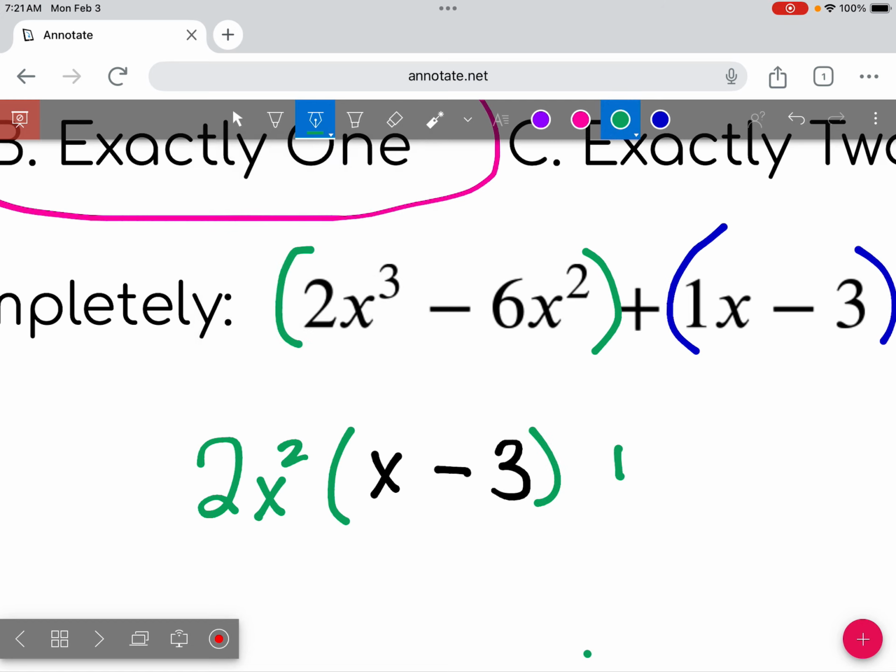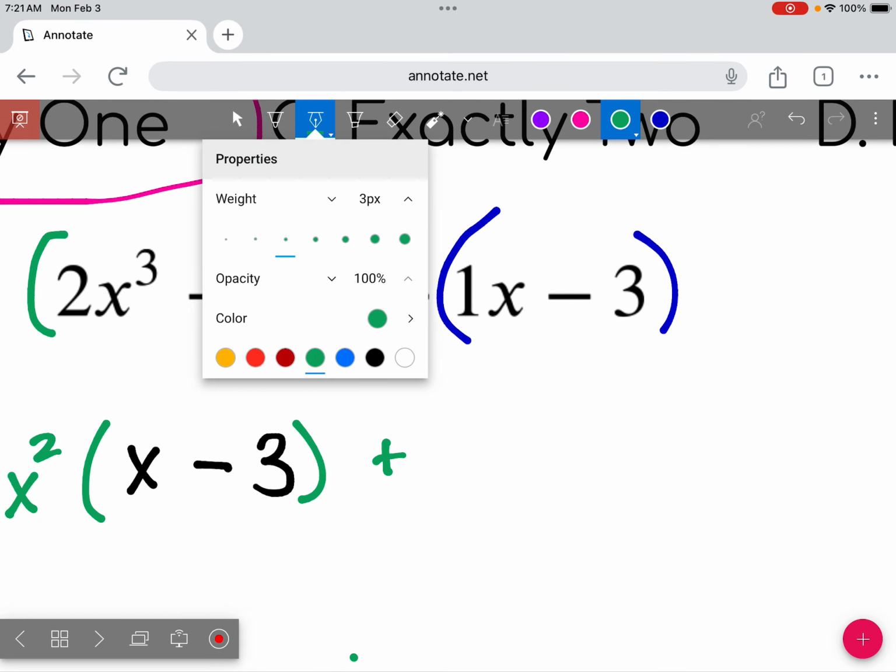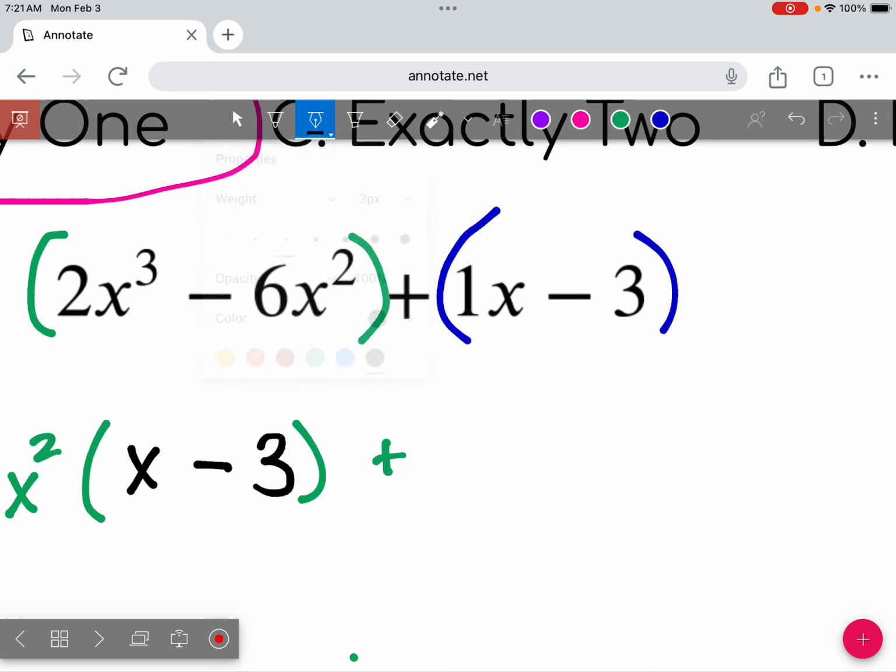We do the same thing on the second piece. What does 1x and minus 3 have in common? What do they have in common? As a factor. What are factors of 1?